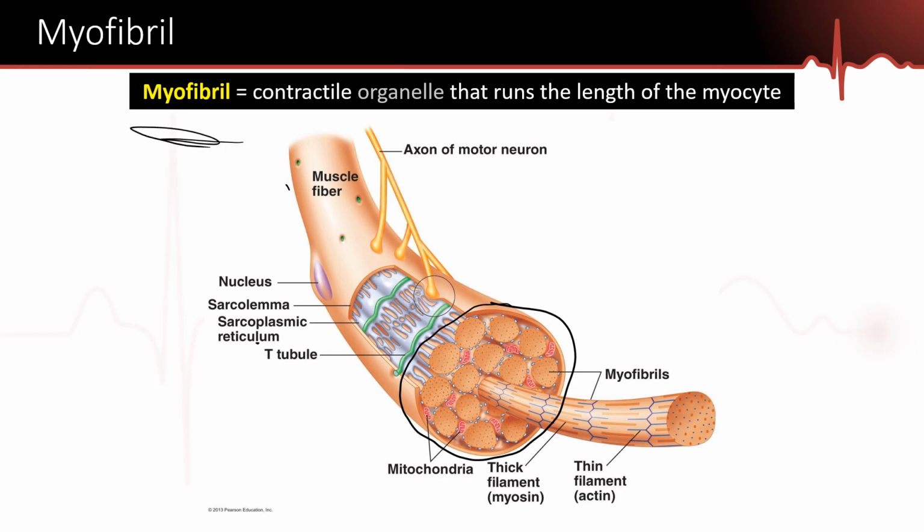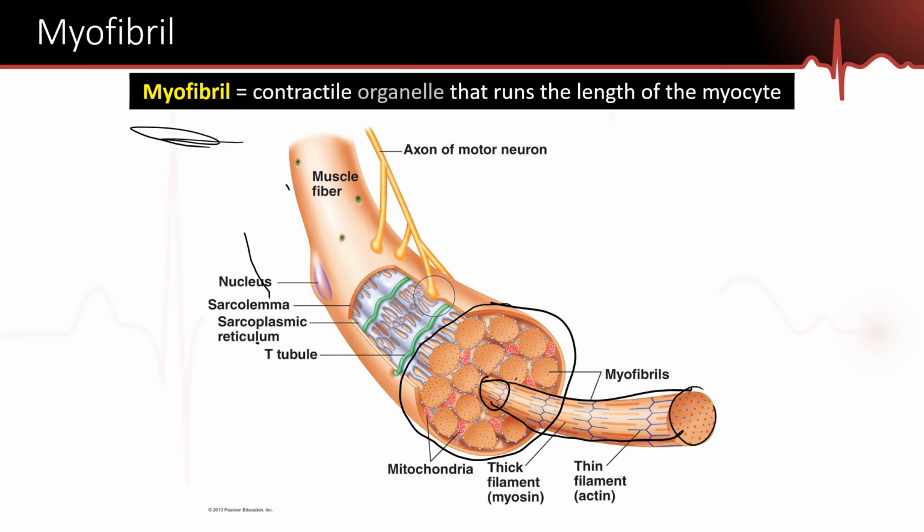Each one of these cylinder-shaped structures inside of this muscle fiber, this muscle cell, is called a myofibril. Myofibrils are organelles, and this specific organelle makes up like 80 to 90% of the actual muscle fiber itself.